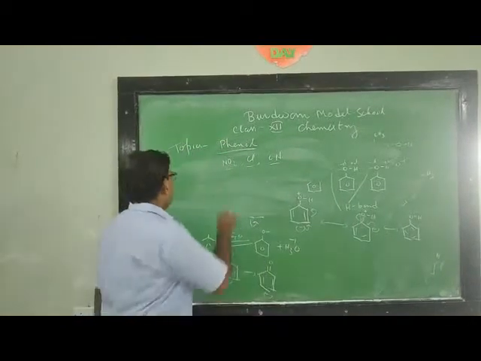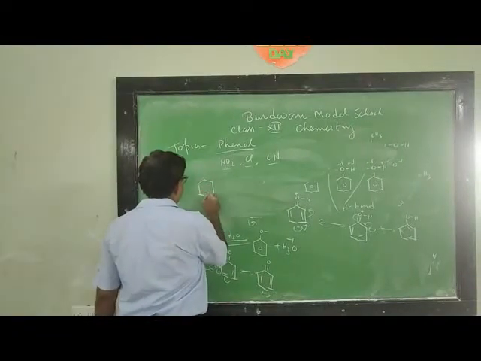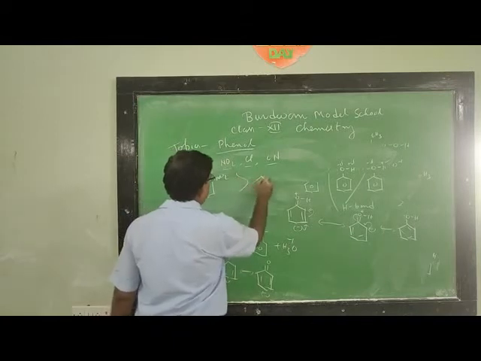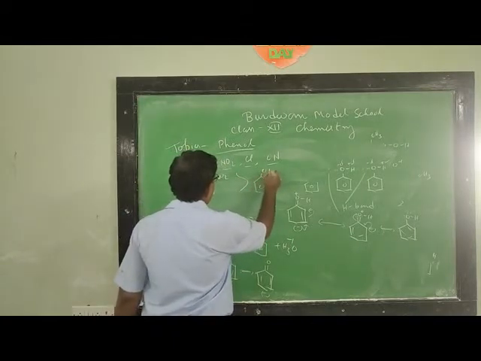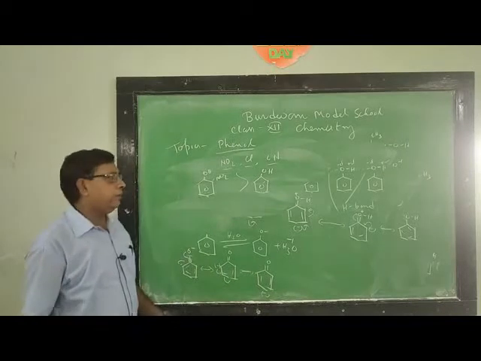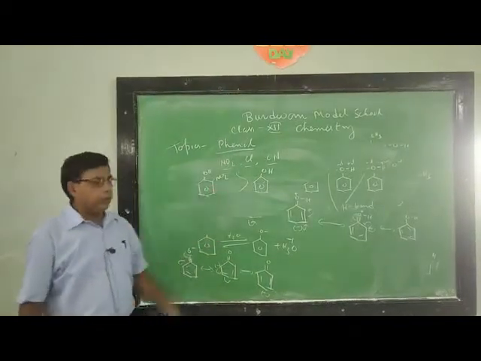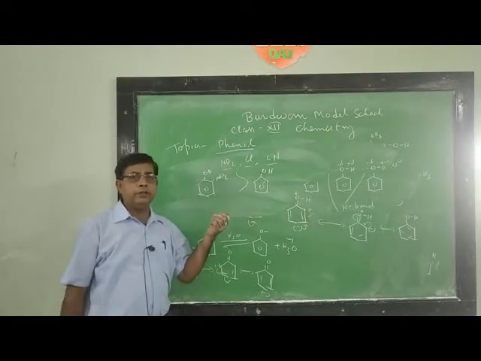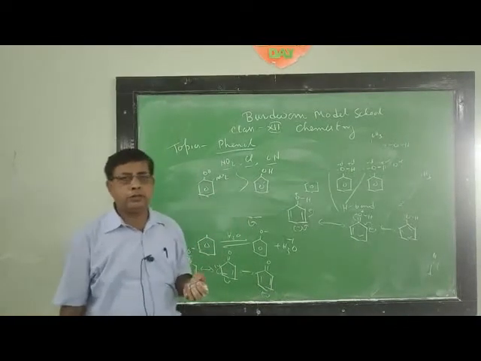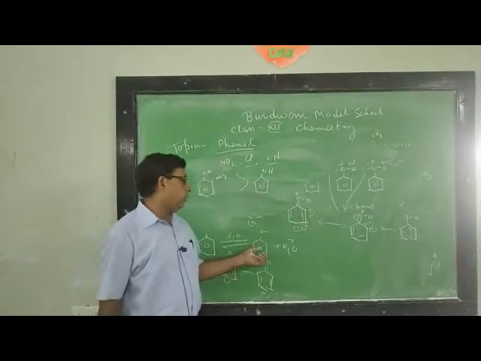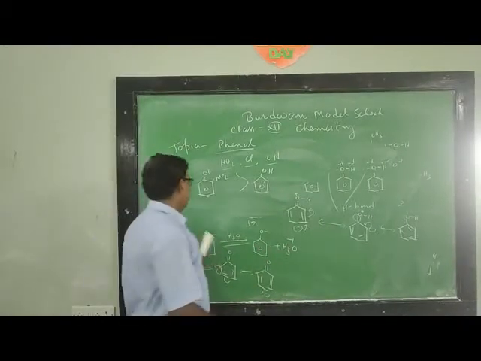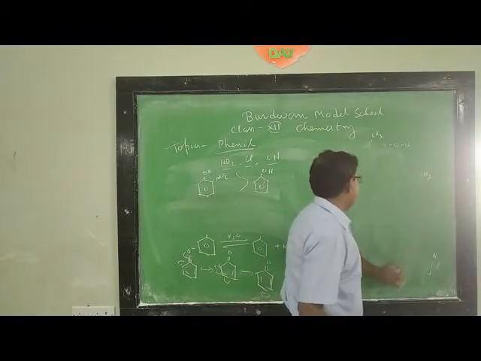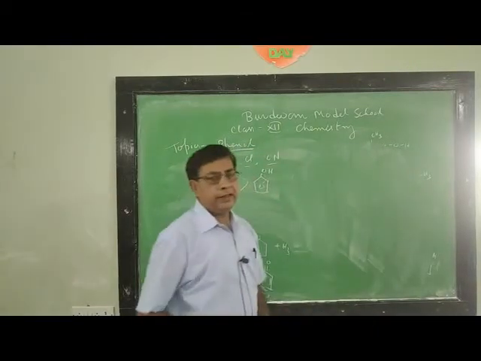For example, ortho-nitrophenol is more acidic than phenol. This is due to the electron withdrawing effect of the NO2 group. If it withdraws electrons from the benzene ring, then the phenoxide ion becomes more stable. Due to greater stability of phenoxide ion, the acidic character increases. If the number of nitro groups increases in the benzene ring, then the acidic character also increases.